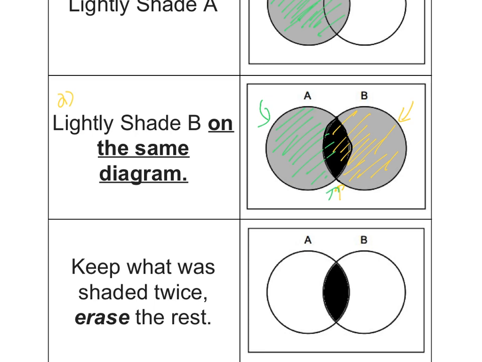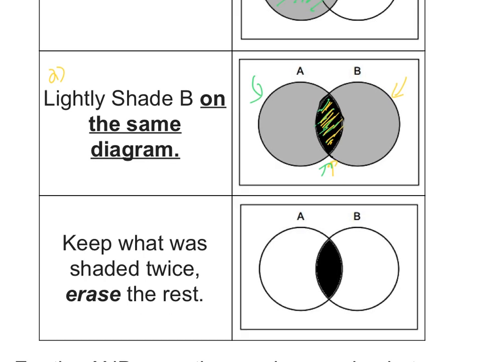So if we want A intersect B, or A and B, we keep the stuff that was shaded twice, and we erase everything else. I'm going to erase this part on the left that was only shaded once. I'm going to erase this part on the right that was only shaded once. But this stuff in the middle that was shaded twice, shaded when I shaded in set A, and also when I shaded in set B, I'm going to keep.